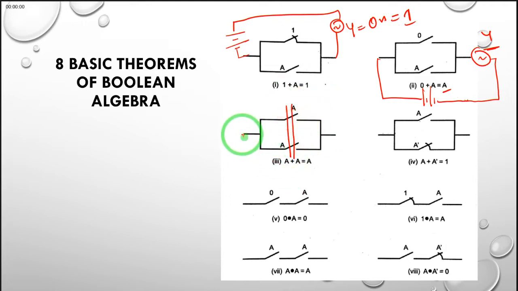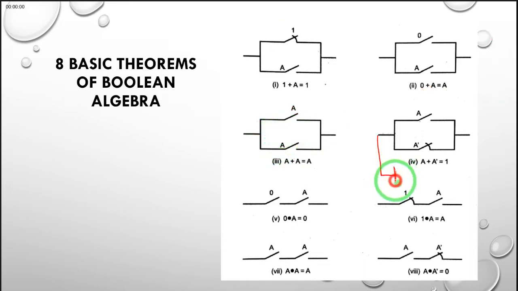For that reason, assume that again you have your bulb with the energy source here. Dependent on the status of this connection, which is entirely A, if you connect it, the bulb will light. If you turn it off, the bulb will not light. And therefore, you are saying that A or A is equivalent to A, and that is quite easy to figure out or to associate.